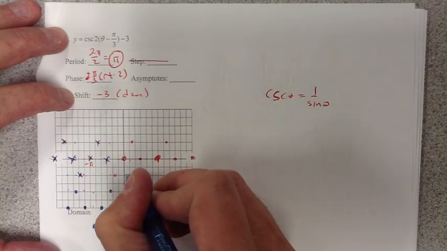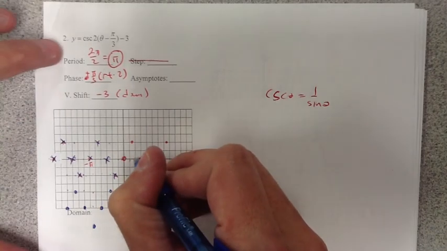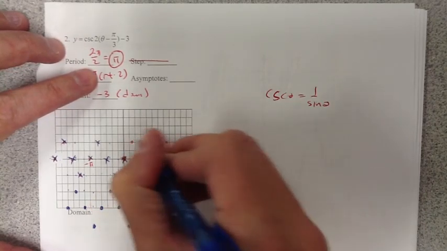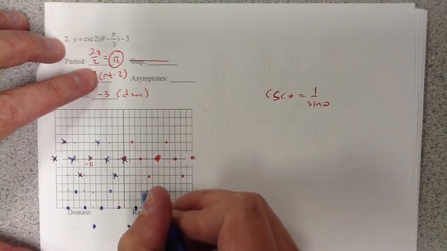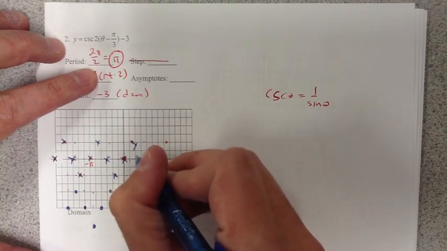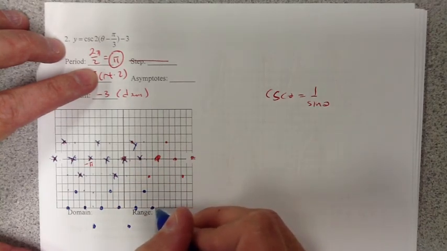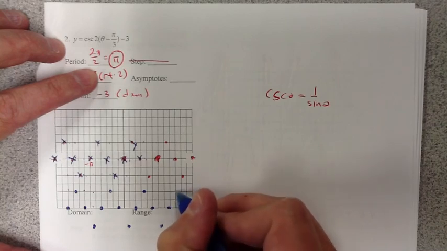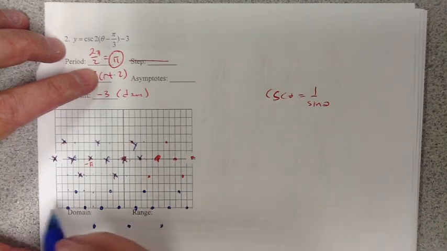Right 2, down 3, way down here. Right 2, down 3. 1, 2, 3. And you can verify this, but you can just continue the pattern. It looks like about every 1.5. Okay, and there's my sine curve.